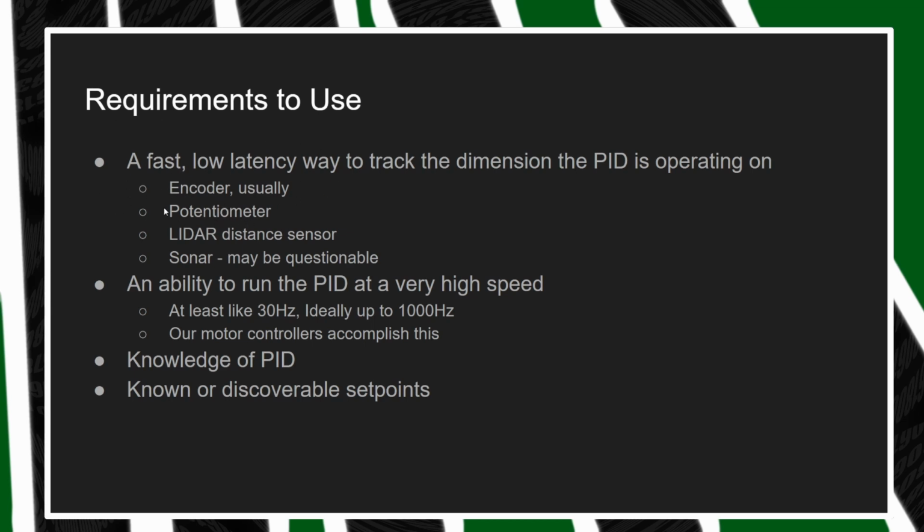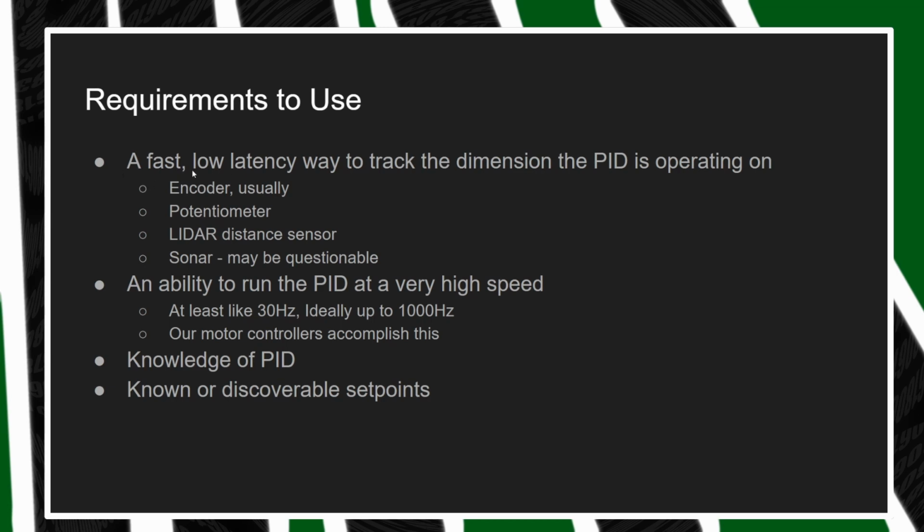Potentiometers work pretty well. LiDAR. Oh, the potentiometers are analog ones. They tend to need some sensor filtering, so that may make them a bit worse. LiDARs are fast. Sonar might work.